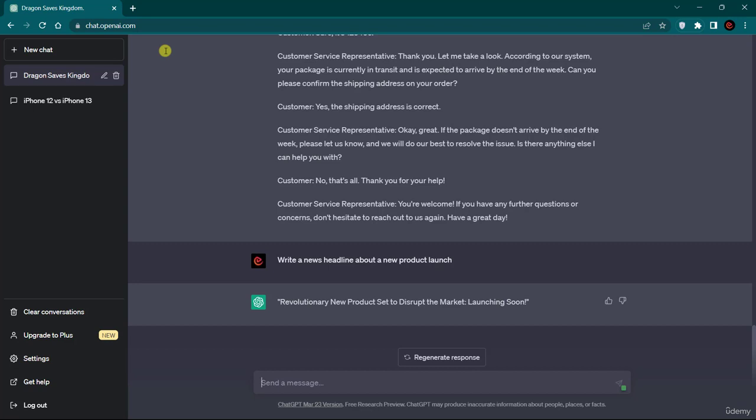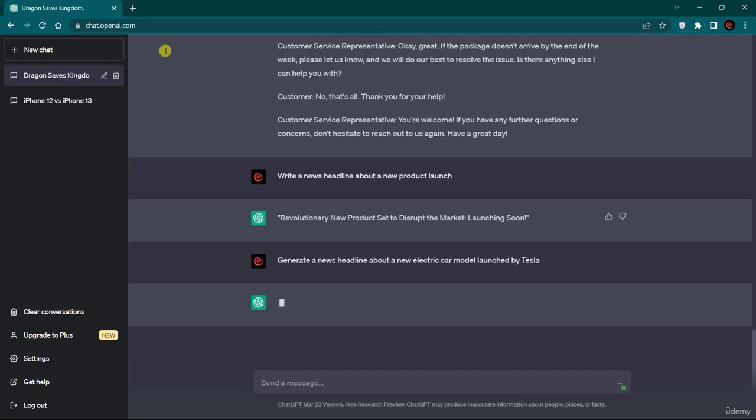Now the better prompt over here would be, let's say we are specific. We are saying here, let's say generate a news headline about a new electric car model launched by Tesla. Now, this is more specific, right?